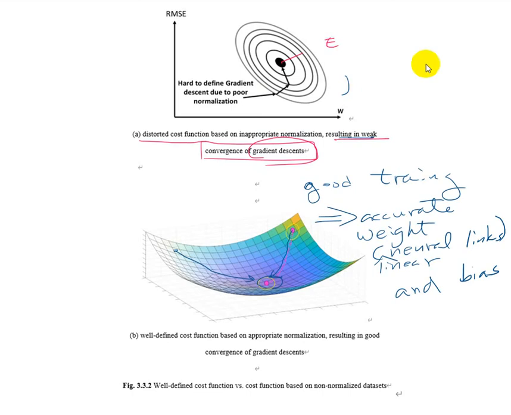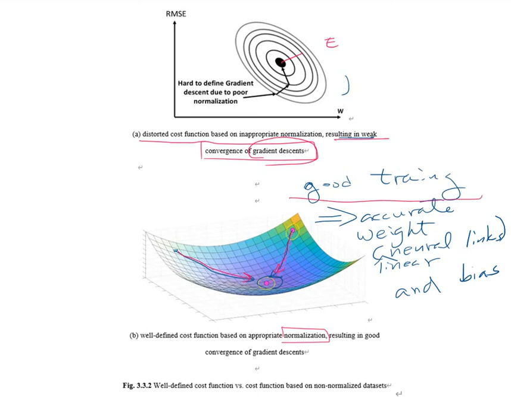We need a well-defined cost function based on appropriate normalization, resulting in good convergence of gradient descent. As you see over here, if you have very nice cost functions, the gradient descent will tell you which way to go to find the minimum cost function or minimum error function.